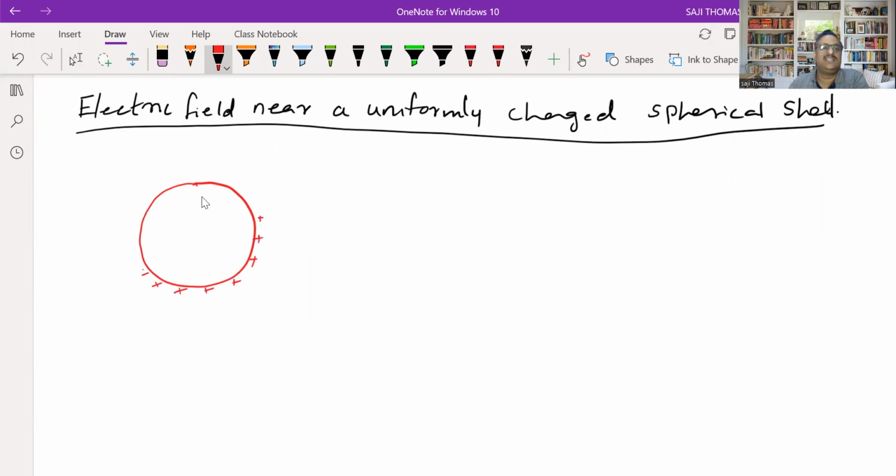This shell has a charge plus Q distributed uniformly over its surface. Here also, let us take sigma as the charge density, surface charge density.